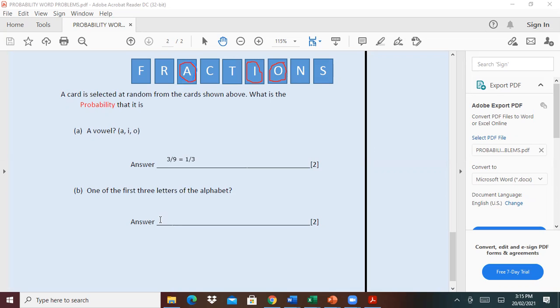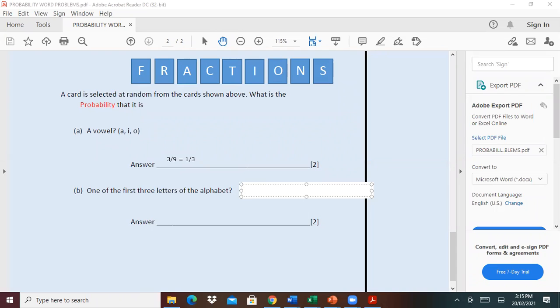Let's look at the next part. B says one of the first 3 letters of the alphabet. So what is the probability that we would choose one of the first 3 letters of the alphabet? Well, we first have to ask the question, what are the first 3 letters of the alphabet? And we all know our alphabet.